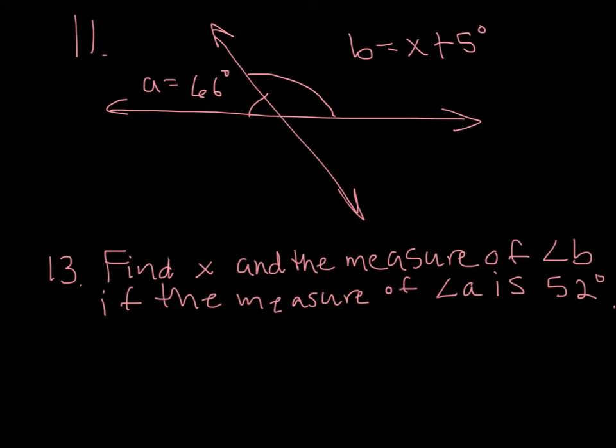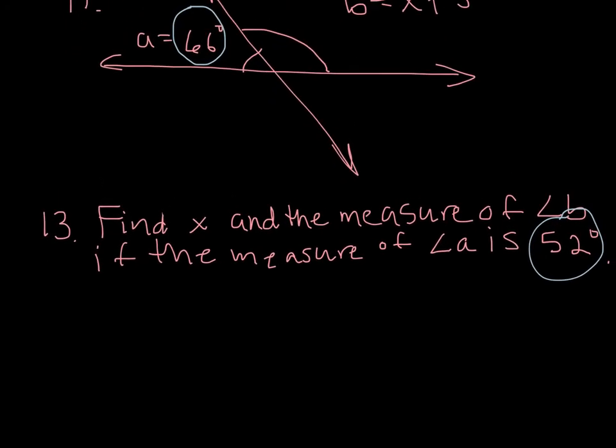Okay, so I said I would do question number 13 for you. I've drawn in question 11 so that you can see it, and then underneath it here is question 13. So it says find x and the measure of angle B if the measure of angle A is 52. So on number 13 you need to do just what you did for number 11, except you want to change 66 to 52 to solve this one.